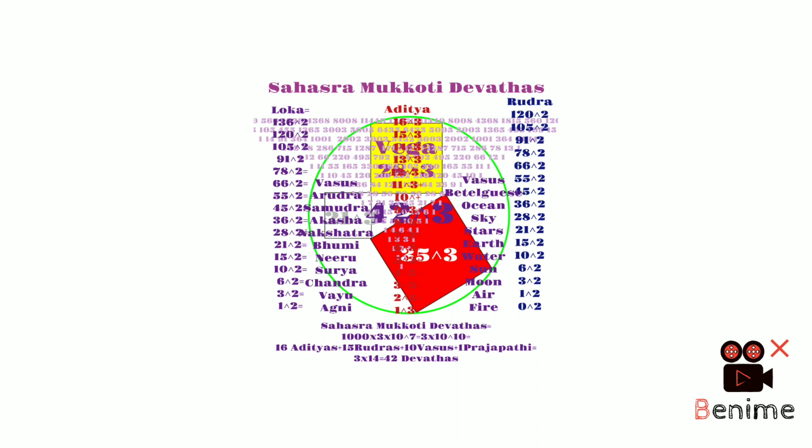Kashyapa is no longer in the picture, so only one Prajapati. 16 plus 15 is 31, 31 plus 10 is 41, 41 plus 1 is 42. So we have 42 Devathas, or you can say Sahasra Koti Devathas, as I told you, 3 into 10 raised to 10 Devathas, that will mean.